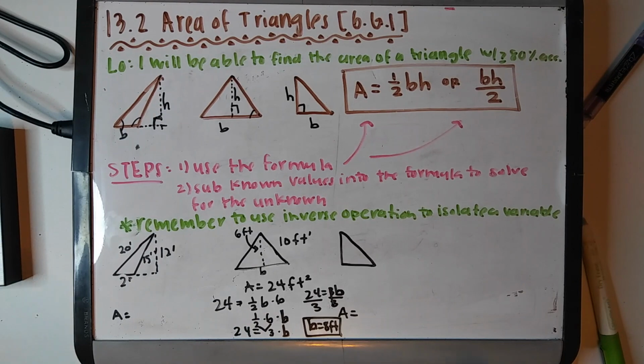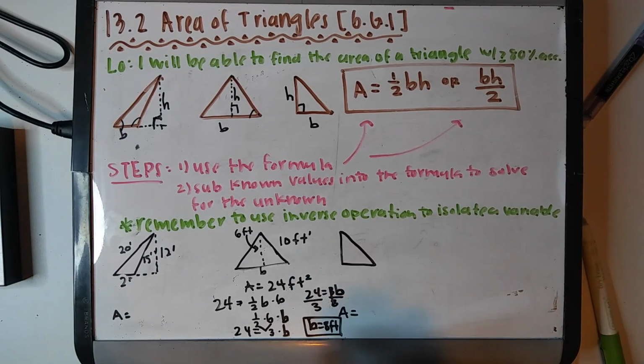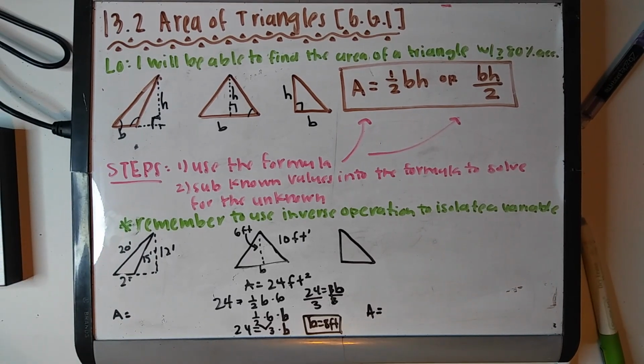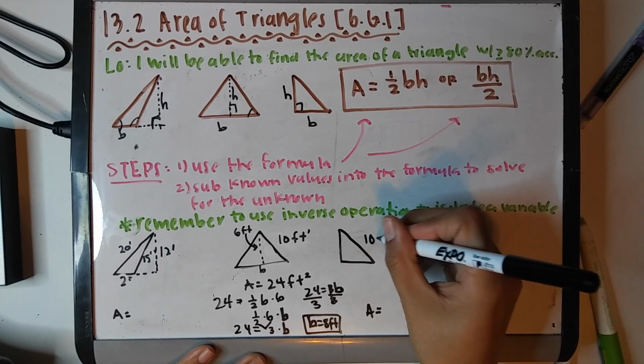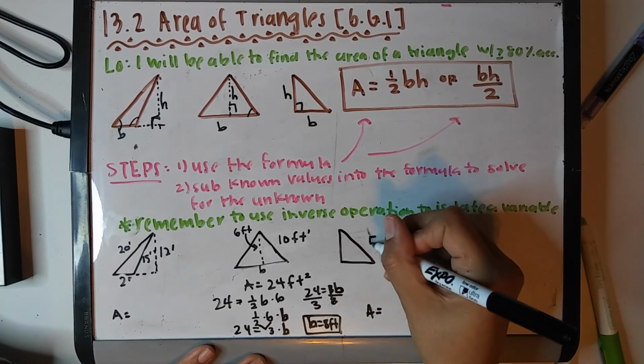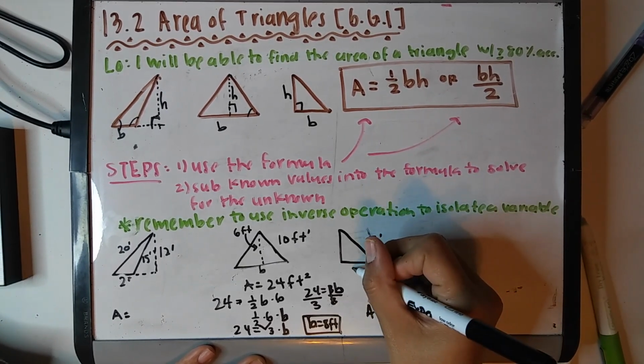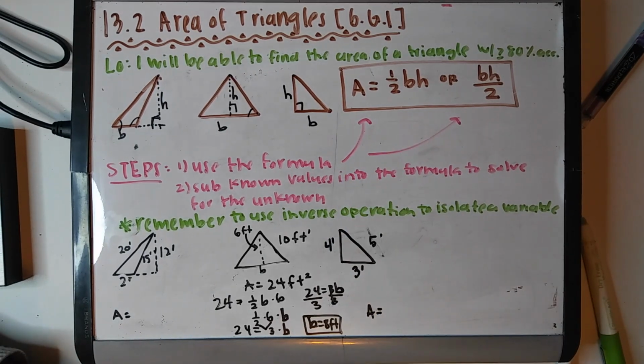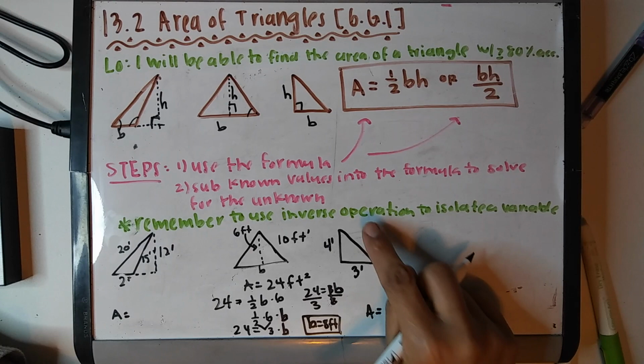But now let me give you one of these. Let me do this one, and then I'll give you one to figure out the base or the height. So let's say this is 10, this is 5 feet, this is 3 feet, and this is 4 feet. So I'm trying to find the area. So remember, height and base, so I don't need that.